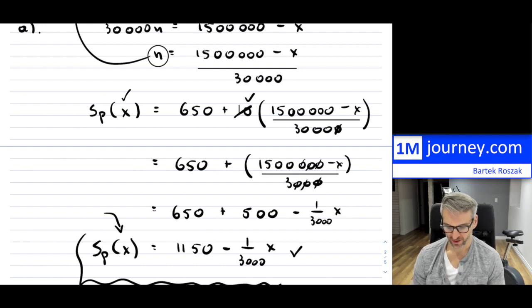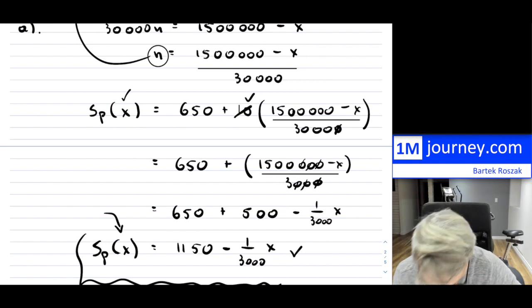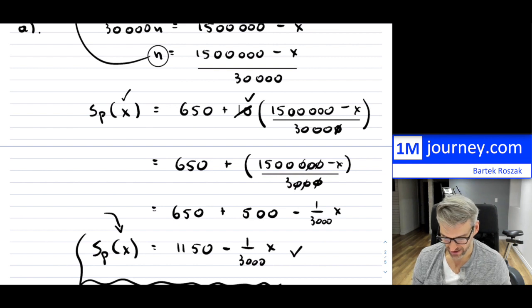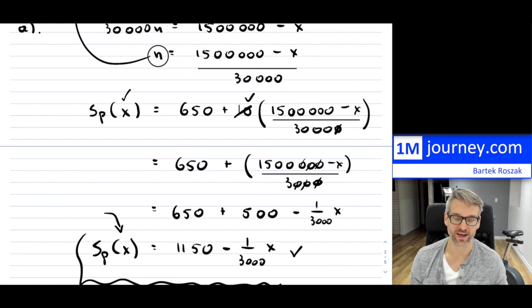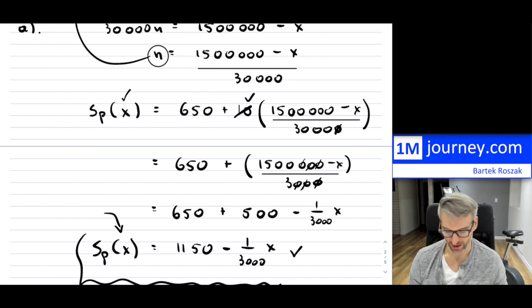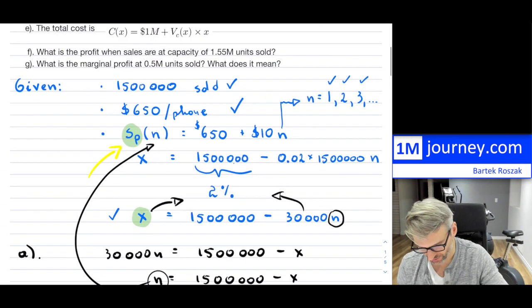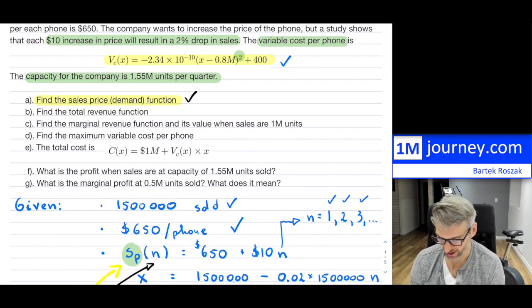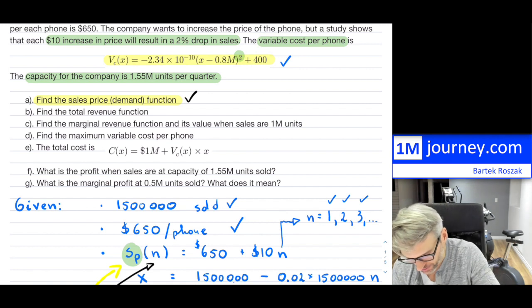Notice that although x can't really be 0, because then we're not selling anything, the original sale price envisioned is 1150, which is quite a bit. So that would have been part A, nothing major in terms of calculus as of yet. And now part B.